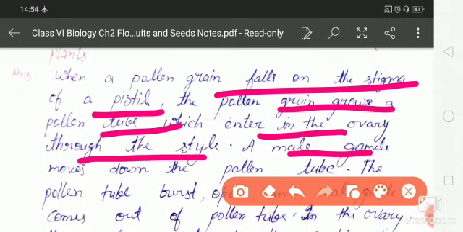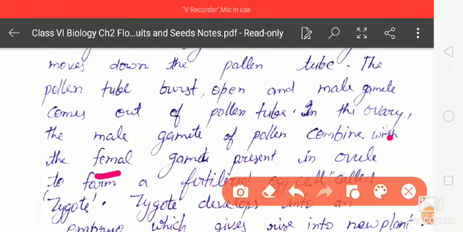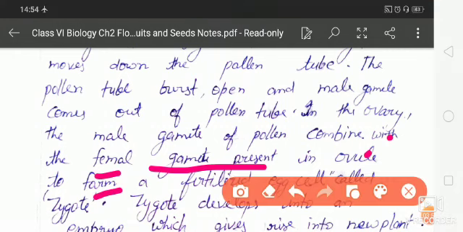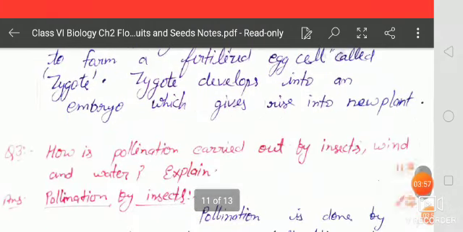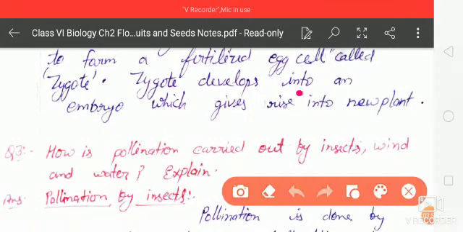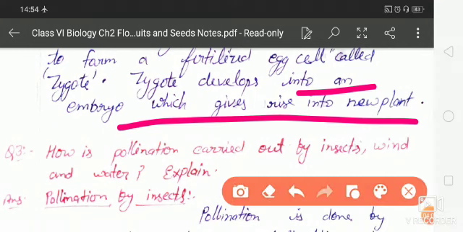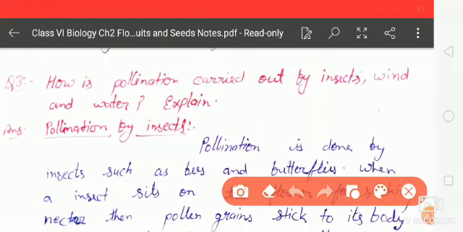A male gamete moves down the pollen tube and the pollen tube bursts open, and here in the ovary the male gamete of the pollen combines with the female gamete present in the ovule to form a fertilized egg cell that is called a zygote, and the zygote develops into the embryo which gives rise to a new plant. Okay, students, the next question is: how is pollination carried out by insects, wind and water?